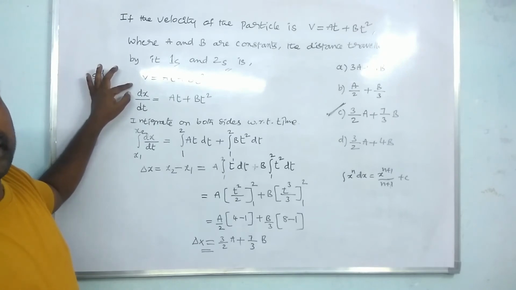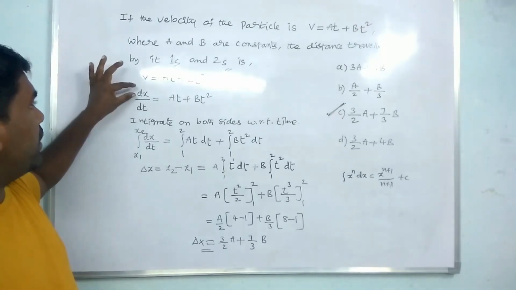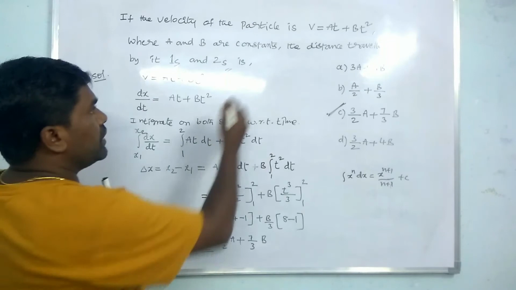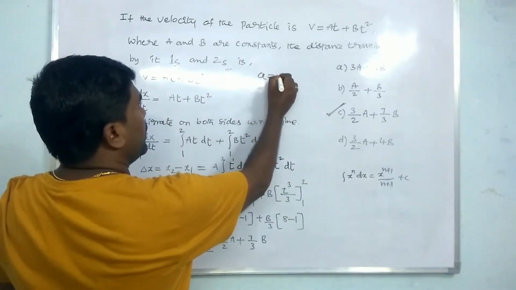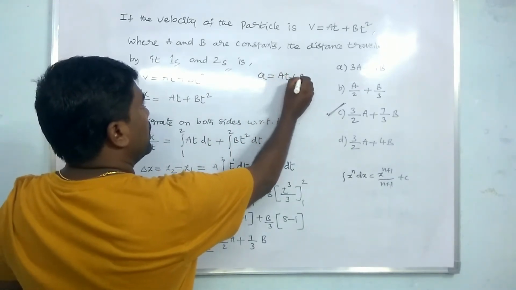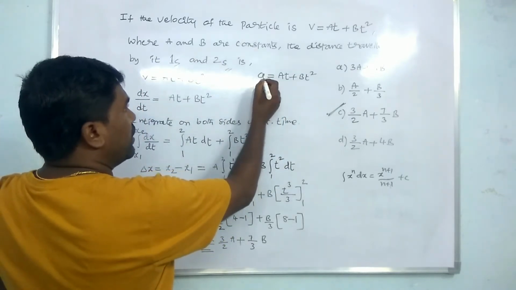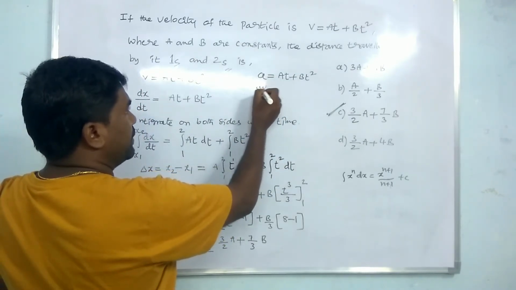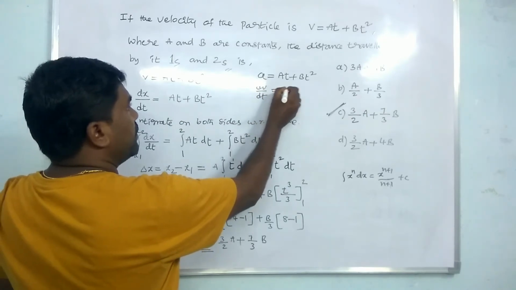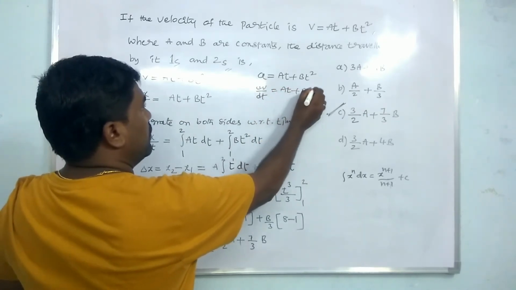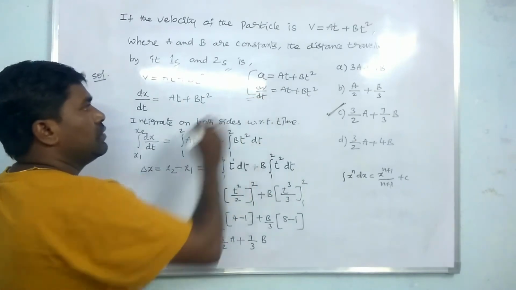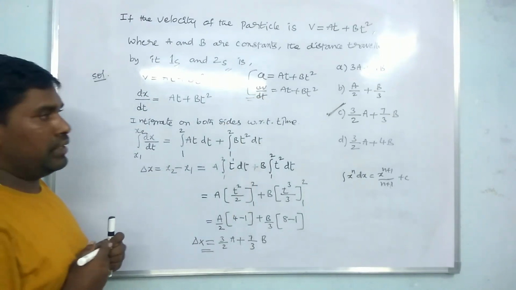If the acceleration is at plus bt square and we must find the velocity between 1 second and 2 seconds, then dv by dt is equal to at plus bt square. So we have to practice this method.